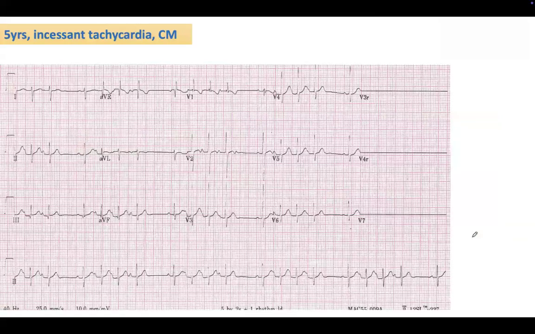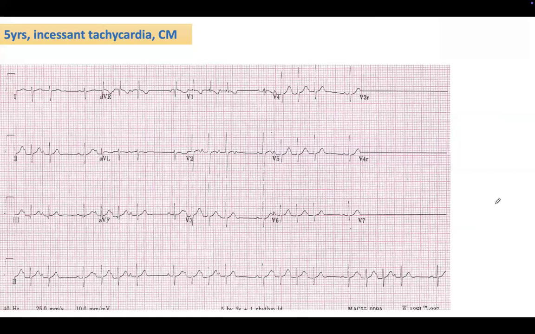So that's a 5-year-old patient who had incessant tachycardia with a little bit of cardiomyopathy. As you can see, he always had a regular rhythm on examination. This is in fact how he presented, or how he was referred to us.